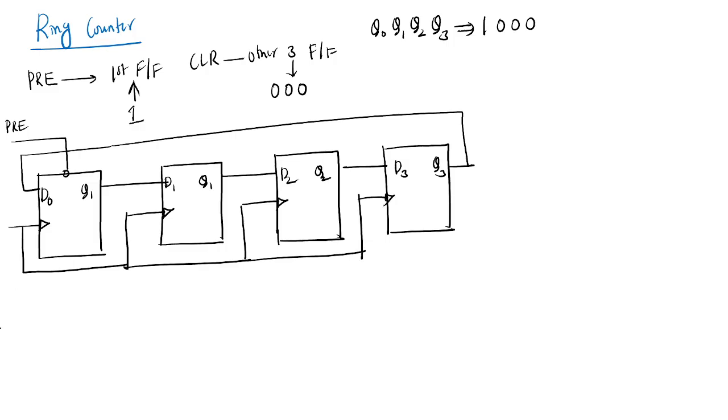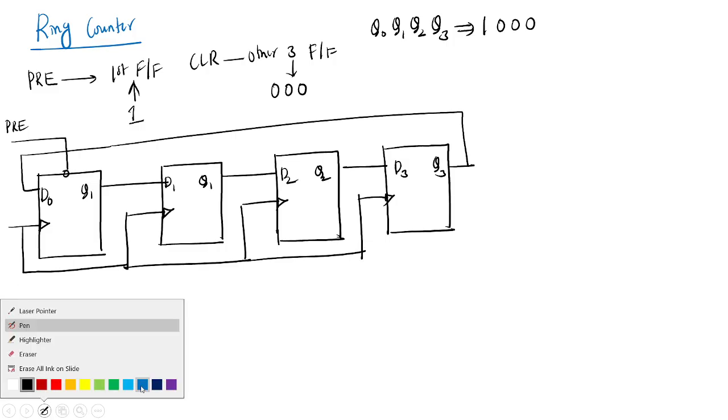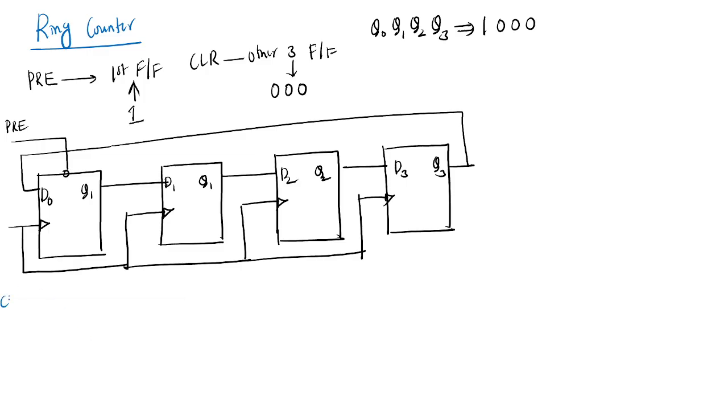The clear signal is given to the rest of the flip flops through a bubble pin, active low. Did you understand?